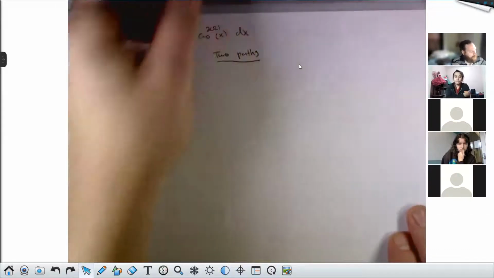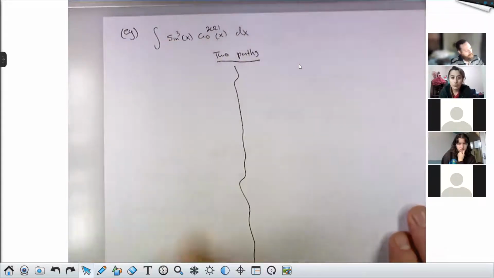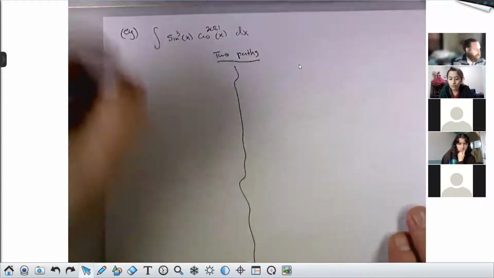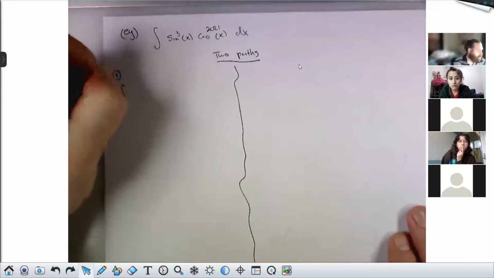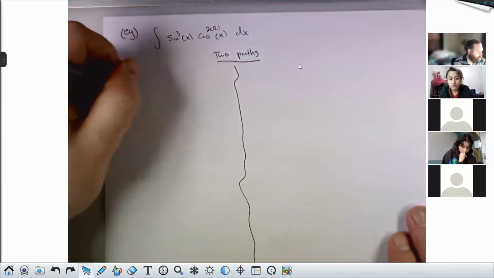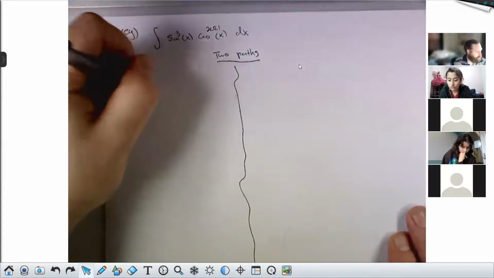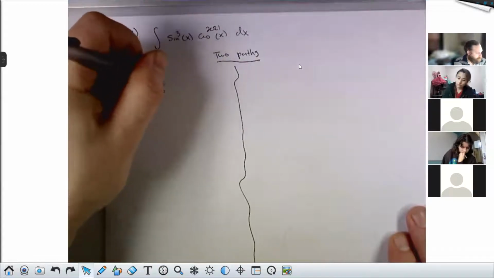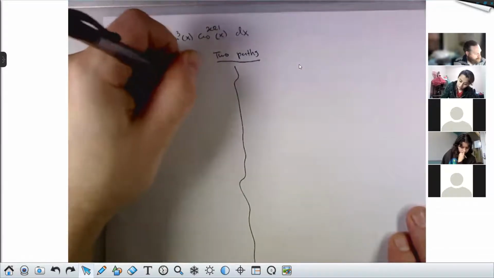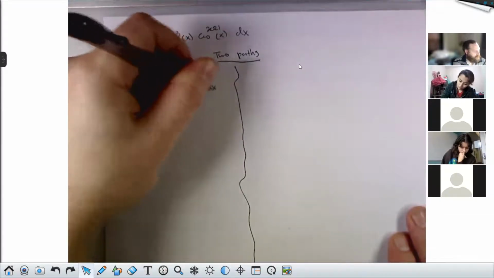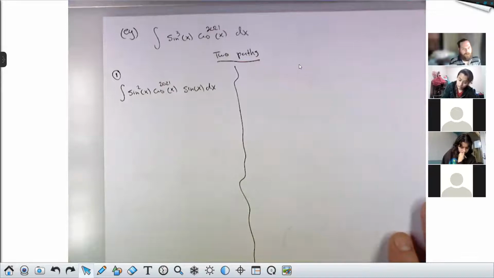So there are two paths to a solution here. First path is treating sine cubed like the odd guy. So I'd write sine squared x cos 2021 x sine x dx, treating sine like the odd guy, setting one of him aside.